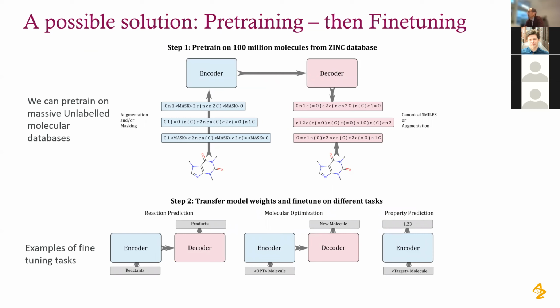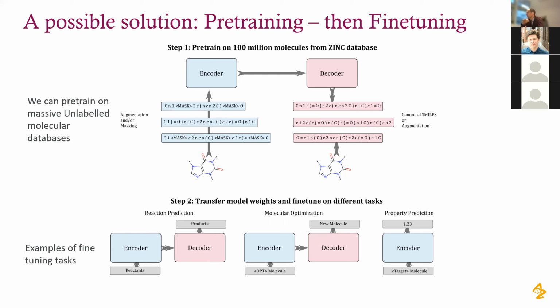So that seems maybe to be a possible solution for our issue here. We can make one model, pre-train it unsupervised on unlabeled data, and then maybe fine-tune it afterwards for the tasks that we want. It will have learned something about molecules, something about SMILES from the pre-training task that it can then reuse in the next step. So that was at least the idea. We trained a BART model on 100 million molecules from the same database.